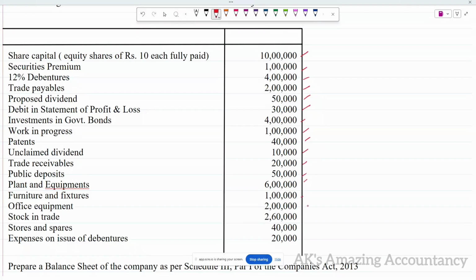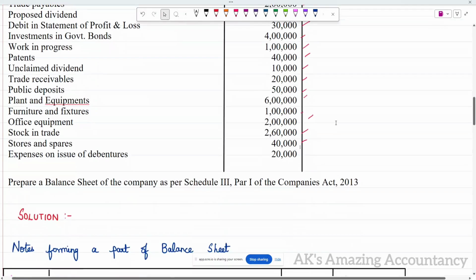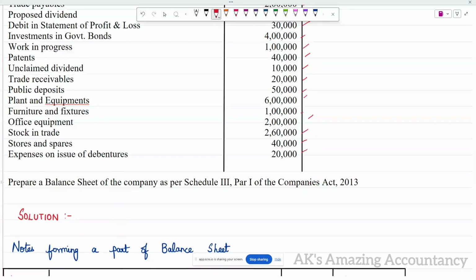Office equipment, 2 lakhs. Stock in trade, 2,60,000. Stores and spares, 40,000. Expenses on issue of debentures, 20,000. Prepare a balance sheet of the company as per Schedule 3, Part 1 of the Companies Act 2013.